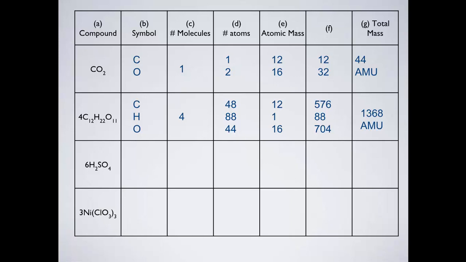Challenge problem of the day, the last row: nickel chloride, 3 nickel chloride. Drew, you have a question? If you multiplied each atomic mass by 2, then why is hydrogen only 1?